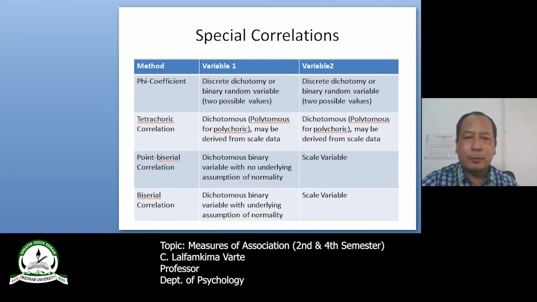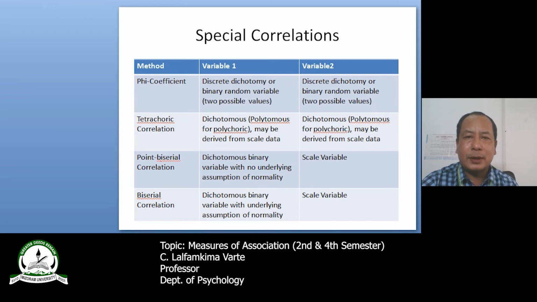The fourth method of special correlation is the biserial correlation, wherein we can have a dichotomous binary variable with underlying assumptions of normality on one side and a scale level variable on the other side.